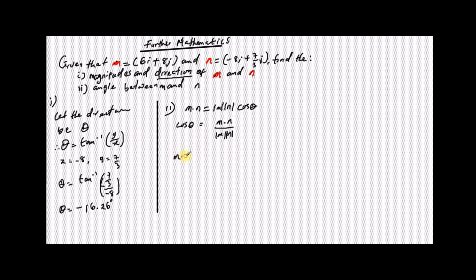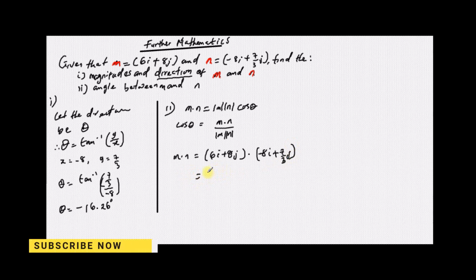We have m dot n to be 6i plus 8j dot minus 8i plus 7/3j. Since it is a dot product, all we need to do is to multiply the i value by the i value and the j value by the j value.